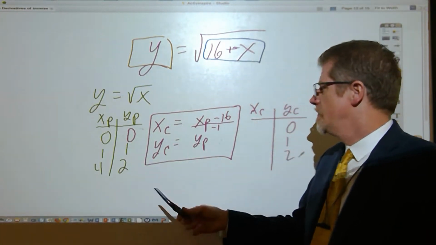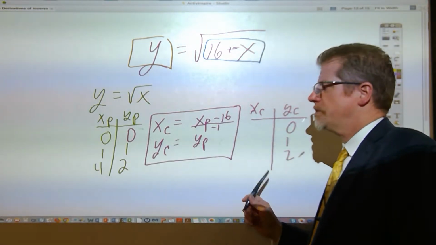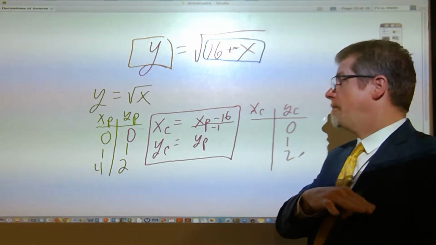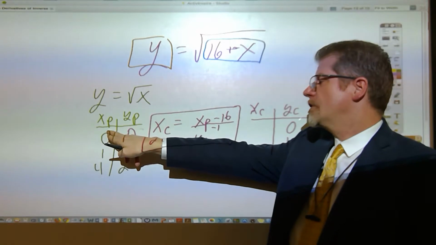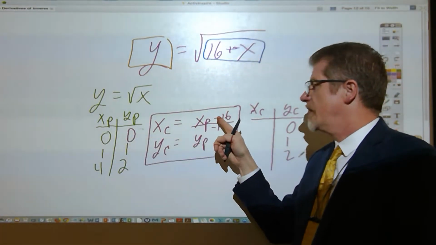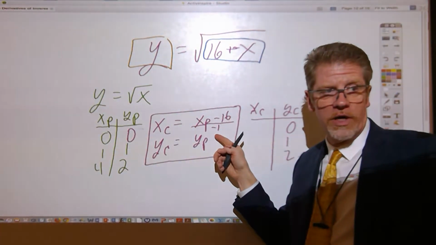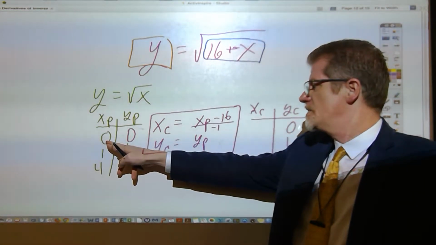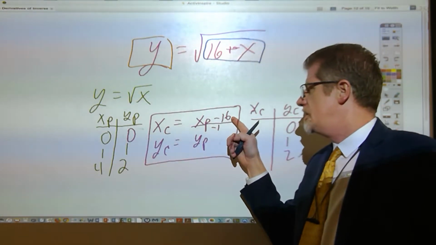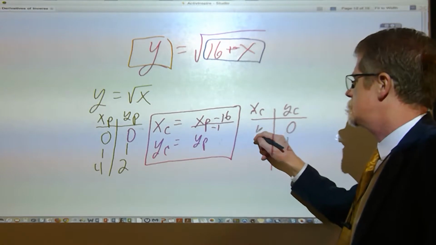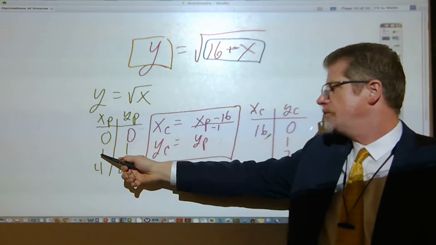Now, to find the triplet of x children, this formula, the one that Matt helped us with, says that for each x parent value, we subtract 16 and divide by -1. For example, 0: 0 minus 16 divided by -1 is 16. Here, try it with 1.